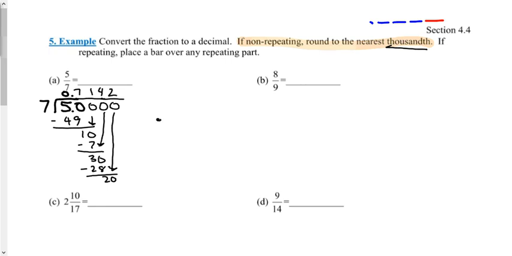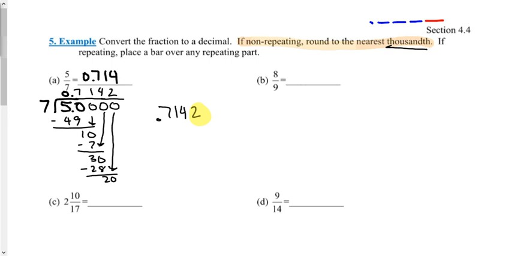So what I have is 0.7142. Now because this one right here is little, it means that we're ultimately just going to chop it off. And so I get 0.714. That is rounded to the nearest thousandth.